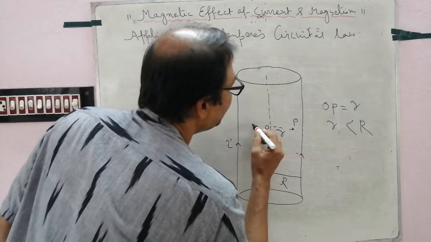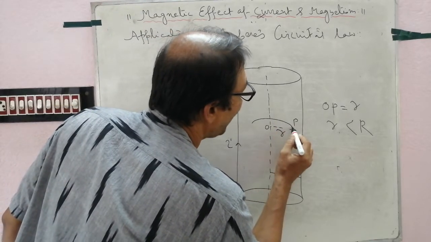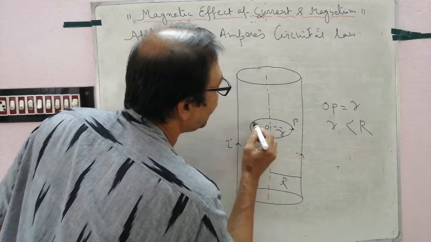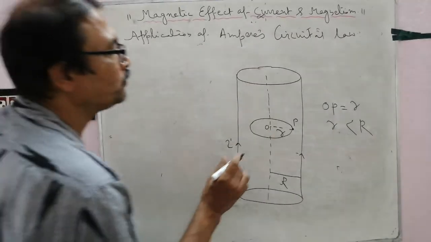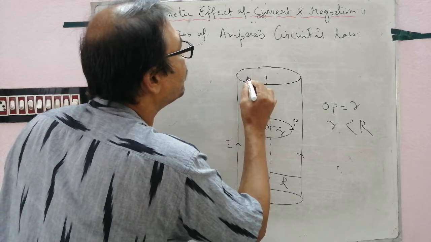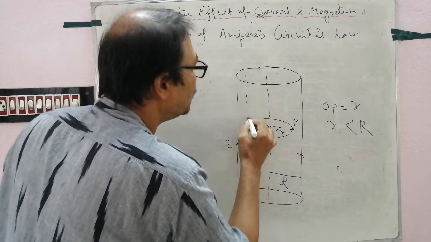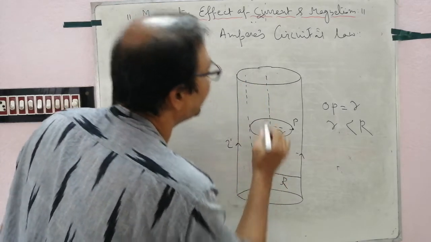Now this is a closed loop. To apply Ampere's circuital law, we consider a closed loop of radius r. Follow this portion of the cylinder.